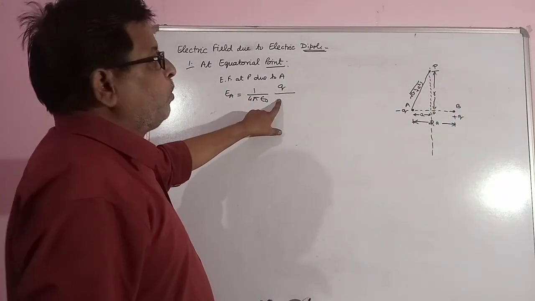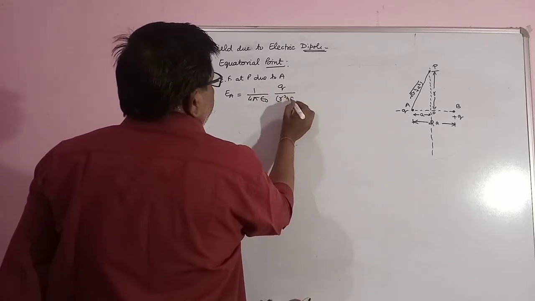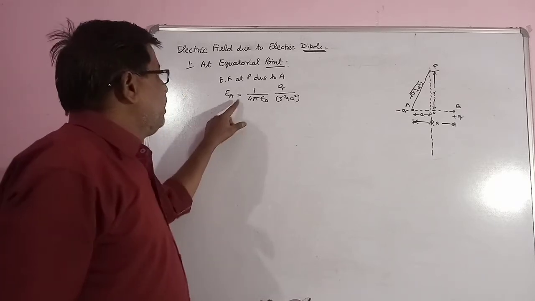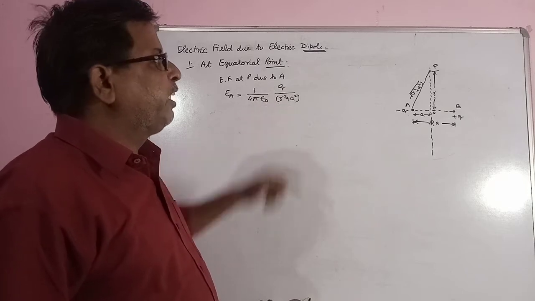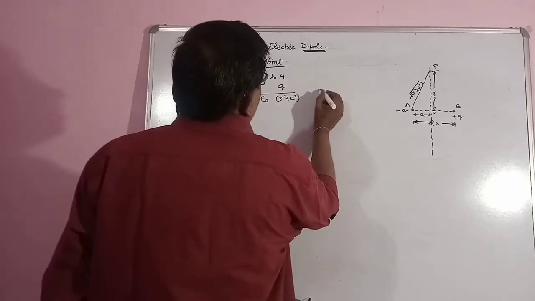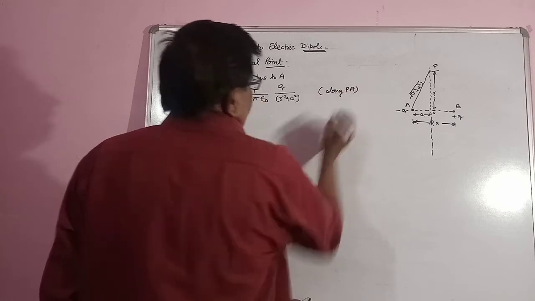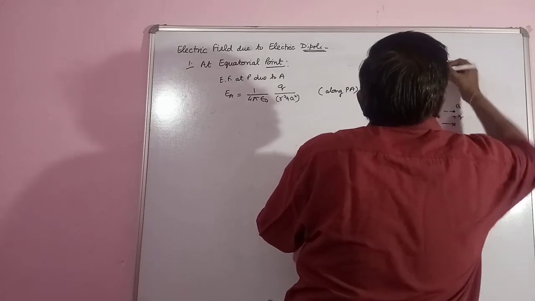Here we have to square this distance, so it will be R square plus A square. EA equals 1 over 4 pi epsilon naught Q upon R square plus A square, direction along PA.